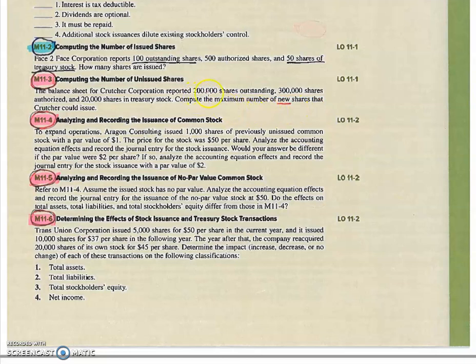So how many have been issued? Well, 200,000 shares outstanding plus 20,000 shares of treasury stock. So 220,000 shares have been issued. So only 300,000 minus 220,000 shares, or 80,000 shares, are new shares that can be issued.